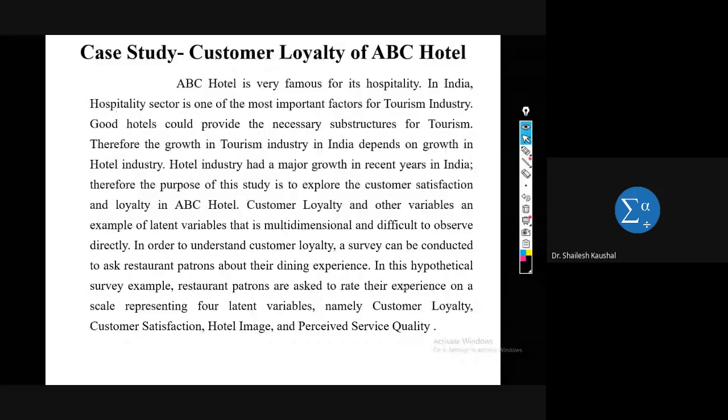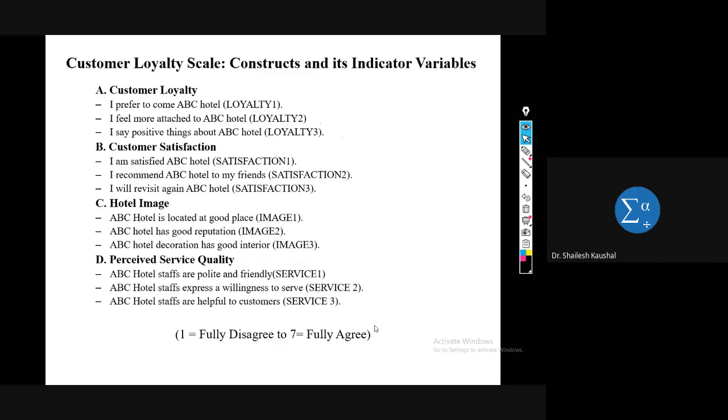Okay, in this hypothetical survey example, restaurant patrons are asked to rate their experiences on a scale representing four latent variables: customer loyalty, customer satisfaction, hotel image, perceived service quality. And these are the questions. The customer loyalty. So first question, the notation of this: loyalty 1, loyalty 2.